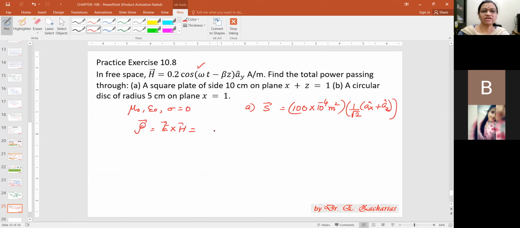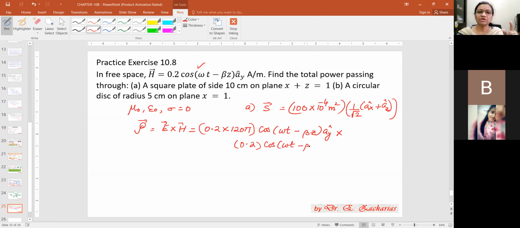When I did the problem at home also, I made the same mistake. So first let us write the electric field. The electric field is going to be 0.2 into 120 pi. Why into 120 pi? Because E naught is equal to H naught into modulus eta. Then of course you write cos(omega t minus beta z), and the direction of the electric field will be a_y cap using that cross multiplication. Then cross, you write your H vector. H vector is 0.2 cos(omega t minus beta z).